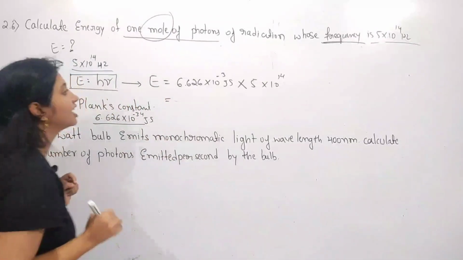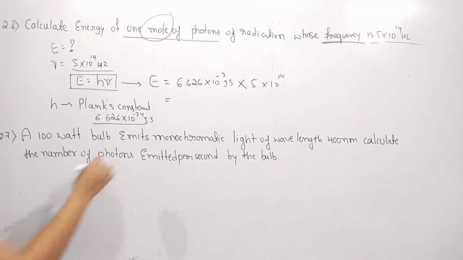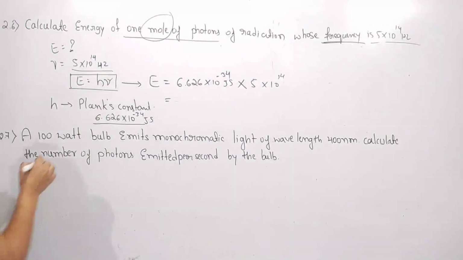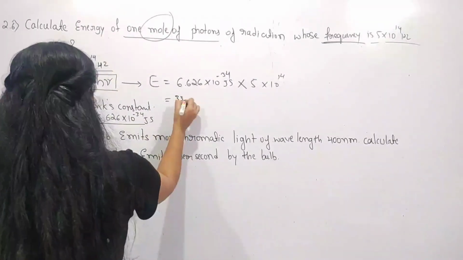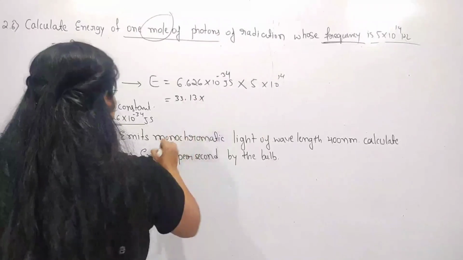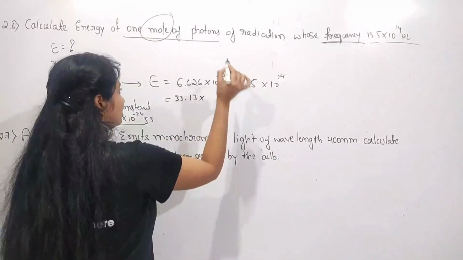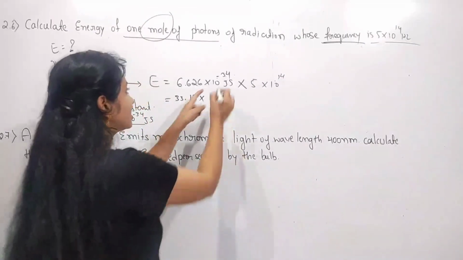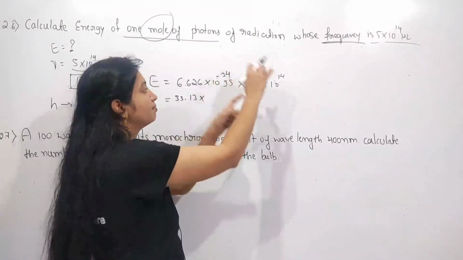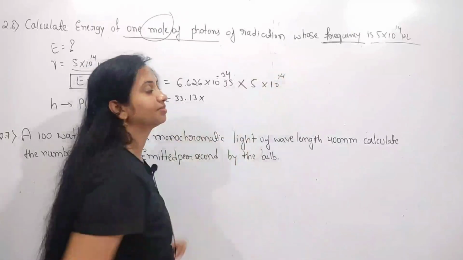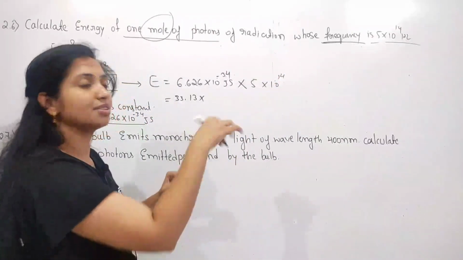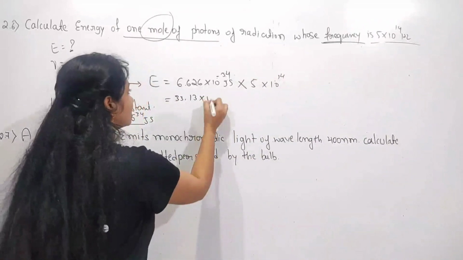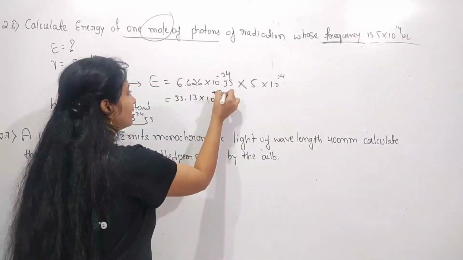So what will be the answer here? That is 33.13 × 10^-34 × 10^14. Since it is of the form a^m × a^n, we get a^(m+n). Minus 34 plus 14 is 10^-20.